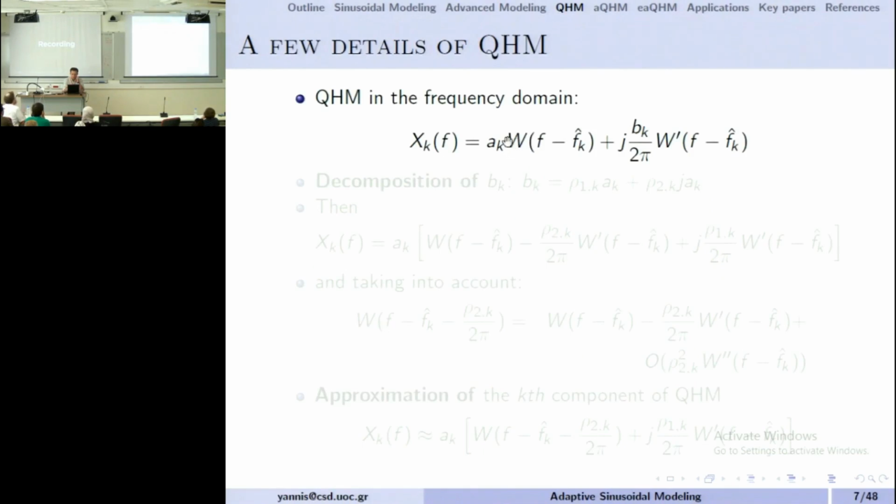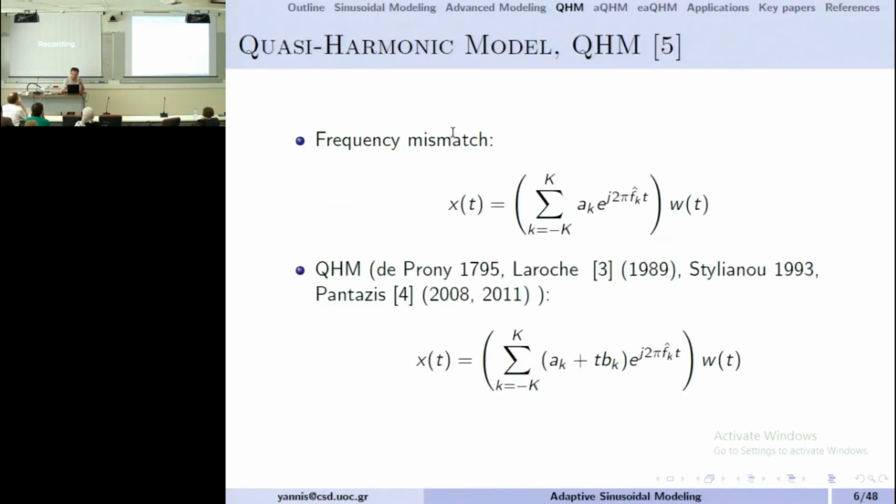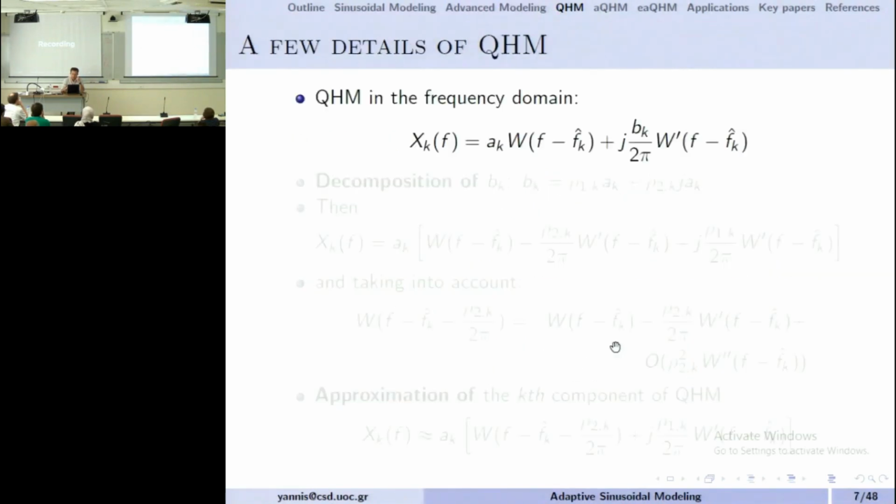So we write, for just one component, the kth component, the frequency version of it, and we have to take into account that this is a k, this is t times w. If you have such a signal, then you are talking about the derivative of the window. If you have a Fourier transform, w lowercase gives you W of f. But if you have t times w, it gives you the derivative of the Fourier transform.